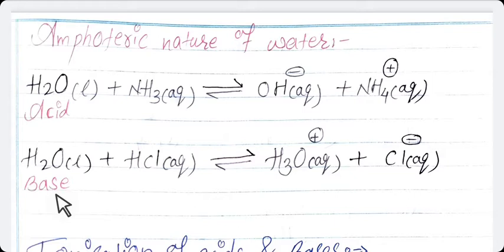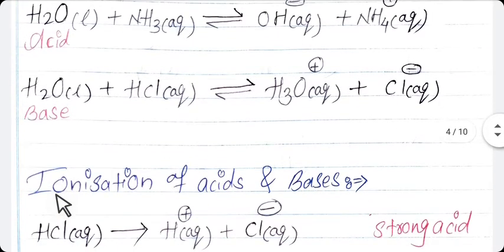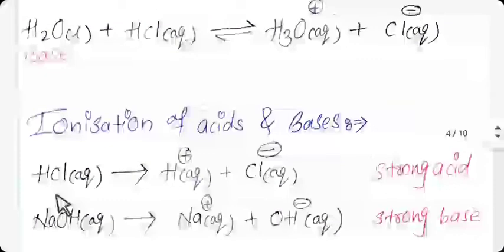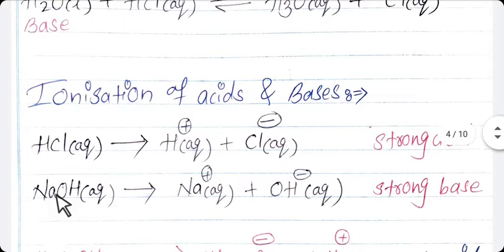The next topic in this chapter is ionization of acids and bases. Acids and bases are classified as strong acid, strong base, weak acid and weak base. How are they classified? On the basis of their extent of dissociation.